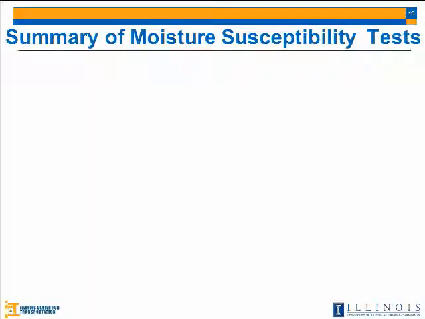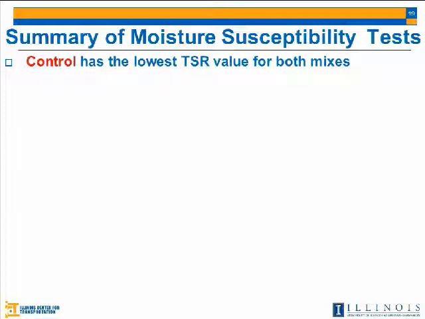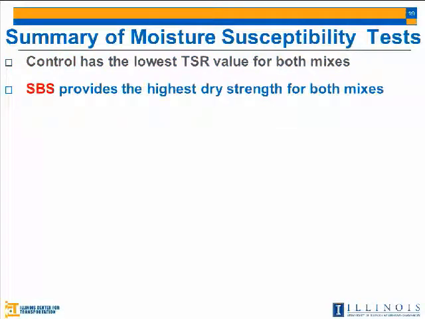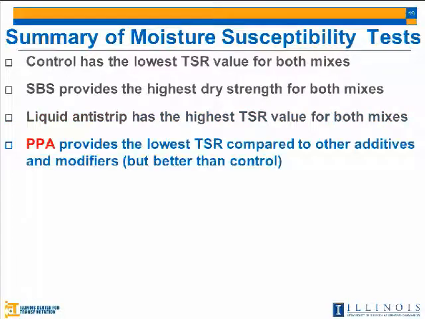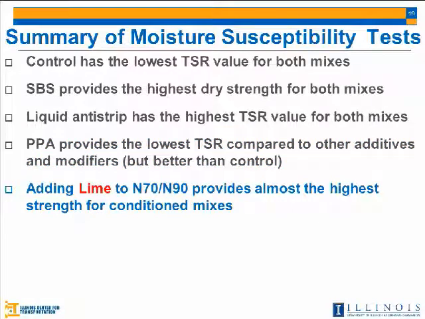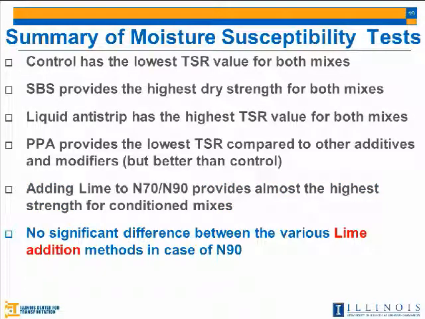So the summary of this test: the control had the lowest TSR value. SPS had the highest dry tensile strength. Liquid anti-strip provided us with the highest TSR value. But the PPA, when comparing the additives and modifiers altogether, had the lowest TSR value. The lime, in the case of N70 and N90, had the best tensile strength for the conditioned samples.